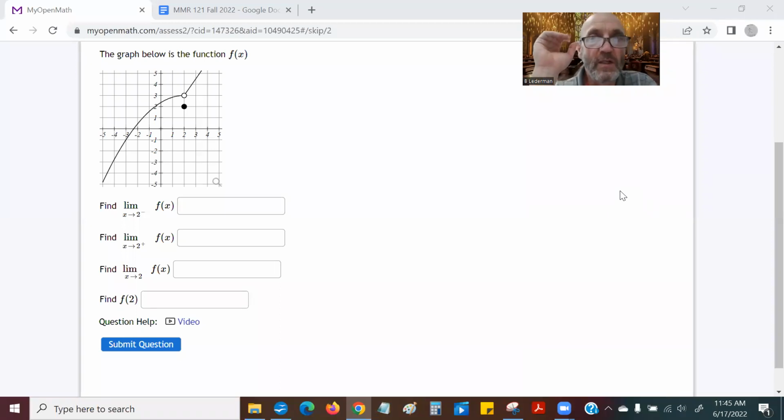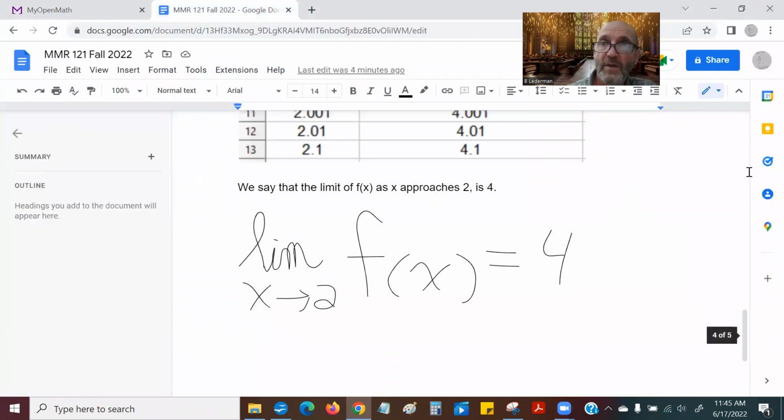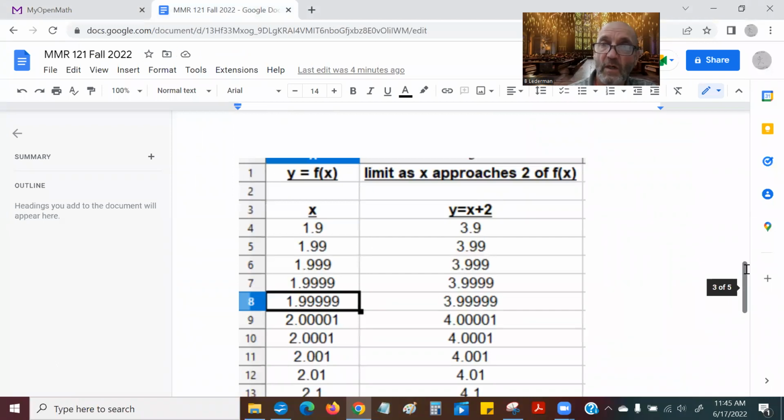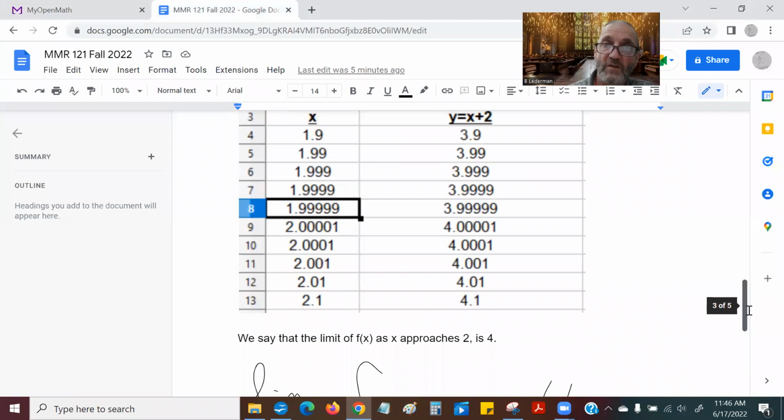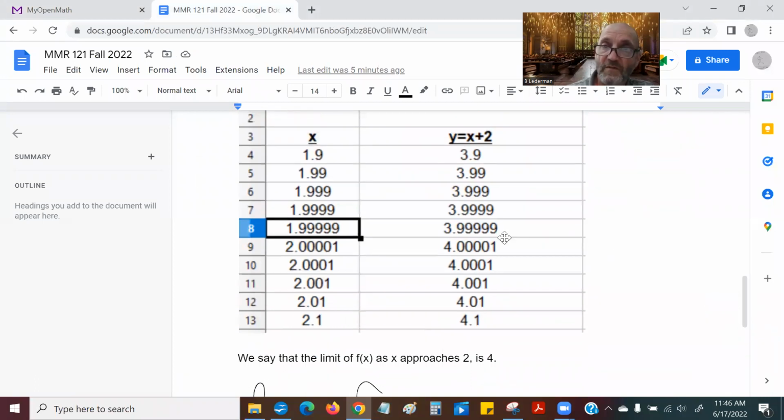So now we're looking at a new example. I just want to point out a fundamental difference between the example we just did and the one we're about to work on. Up here we were working with an equation, y equals x plus 2, and based on that equation I was able to crunch values on a spreadsheet and get more definitive answers.